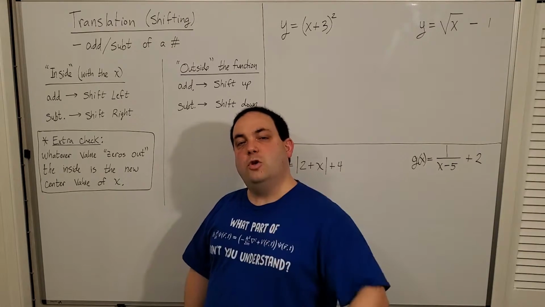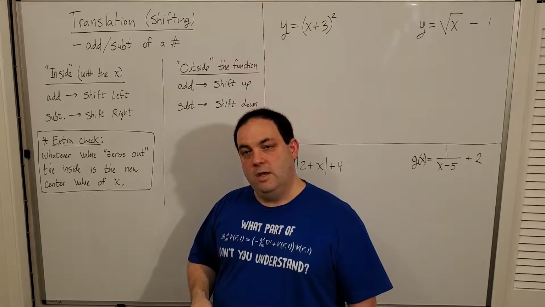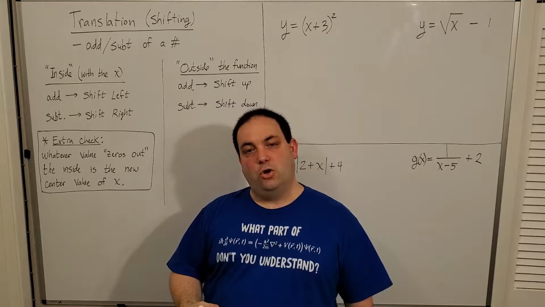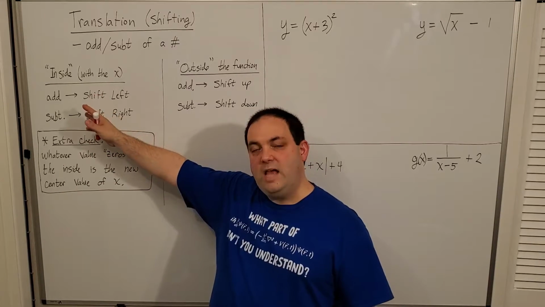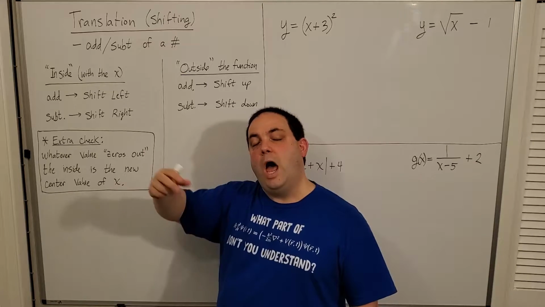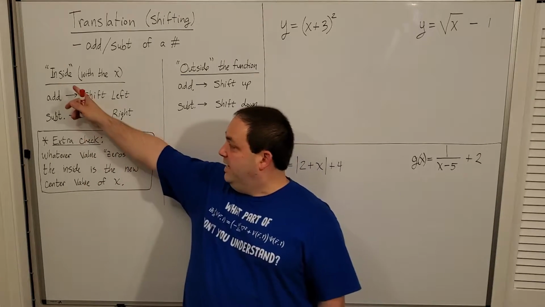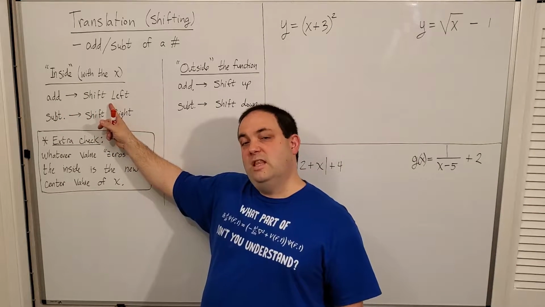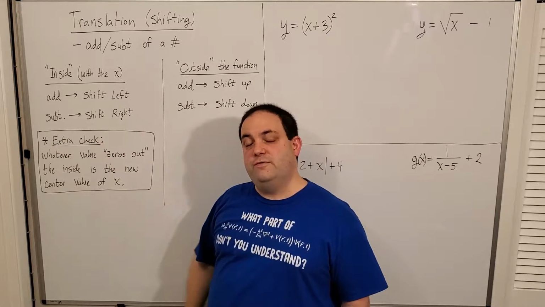Also, by the way, most things that affect x directly are happening before the function gets its turn with the input value. So all of the things that are inside like this are going to have sort of an opposite logic feel to them. For example, on the inside, when I add a number, it's actually shifting to the left. And when I subtract a number, it's actually going to shift you to the right.